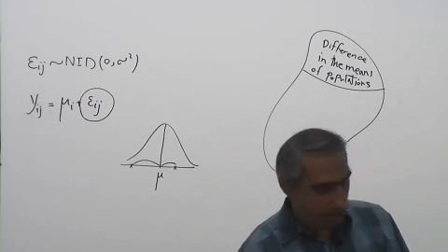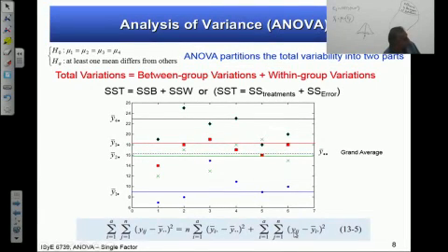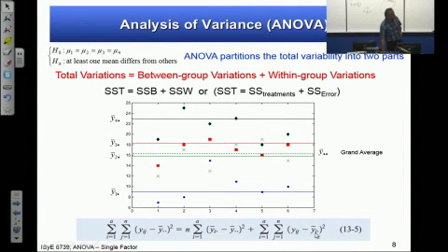So the second part is each observation minus its corresponding mean. So in this case it would be this blue dot minus corresponding mean, this blue dot minus corresponding mean, and so on and so forth. So what is this variation? Within population variation, because each observation is compared with its corresponding mean.